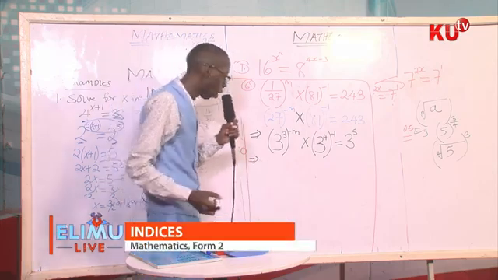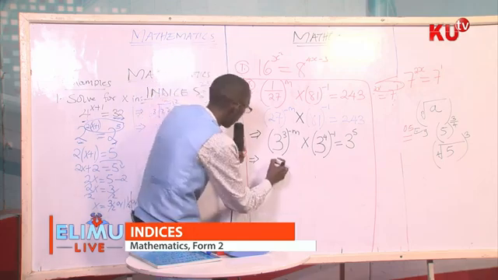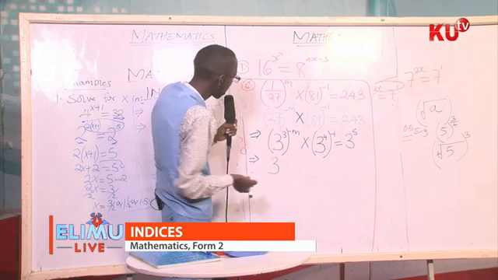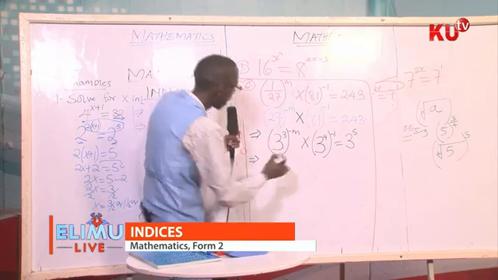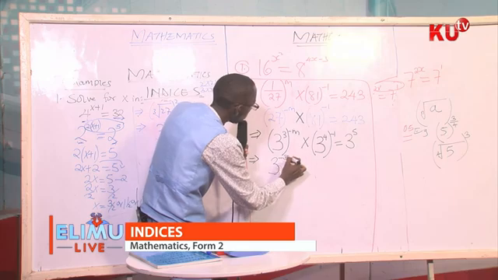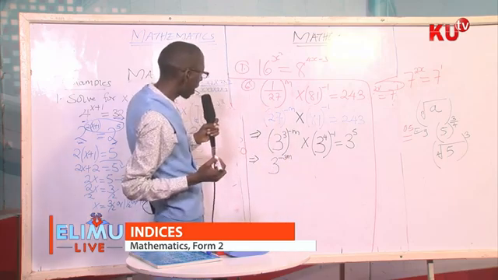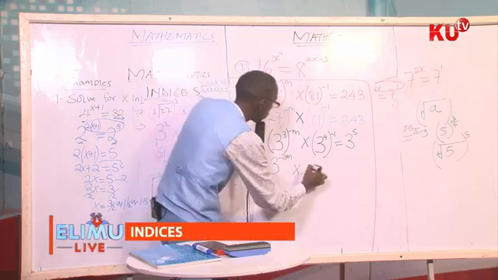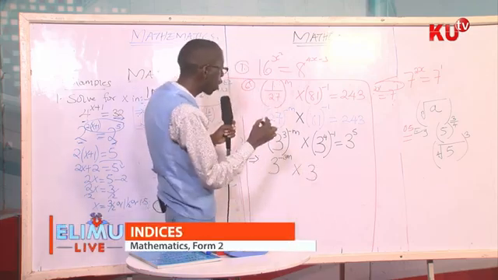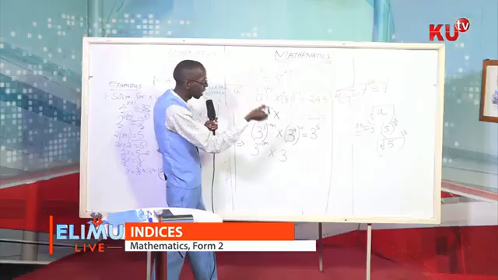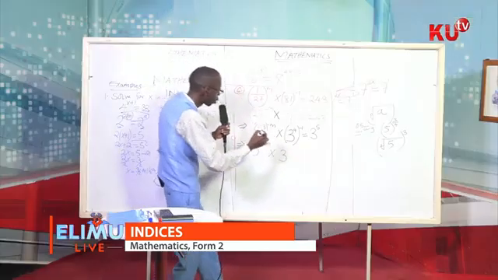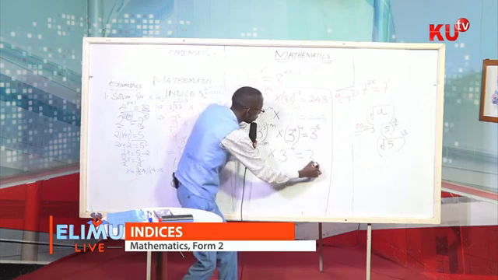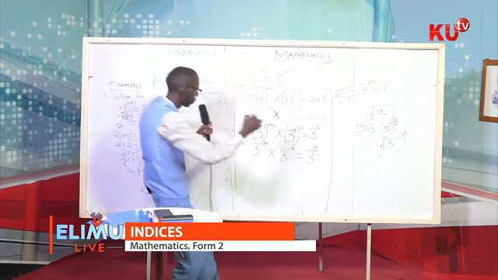Open the brackets. So we'll have 3 to power 3 times negative m, which is negative 3m. So 3 to power negative 3m multiplied by 3 to power 4 to power negative 1, which is 3 to power negative 4, is equal to 3 to power 5.